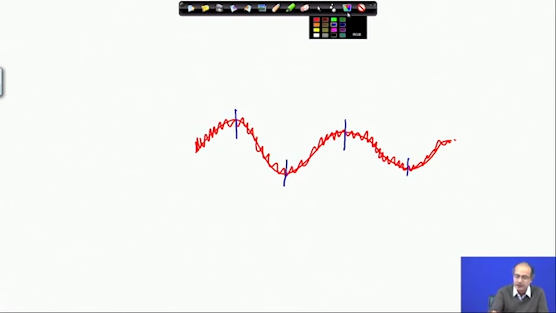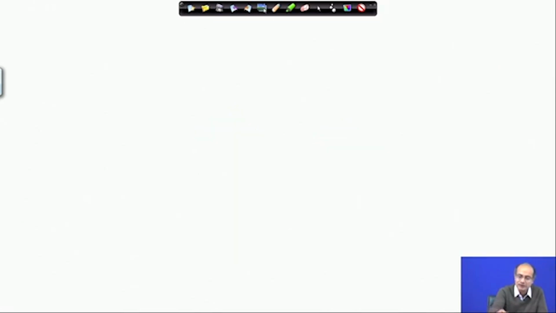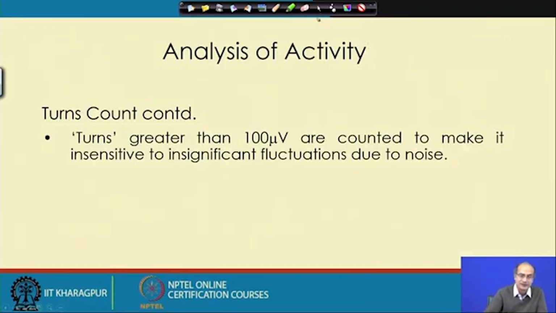But because of the noise, at every place we are getting one turn, okay, which will completely destroy the result and make turns count a completely useless function.